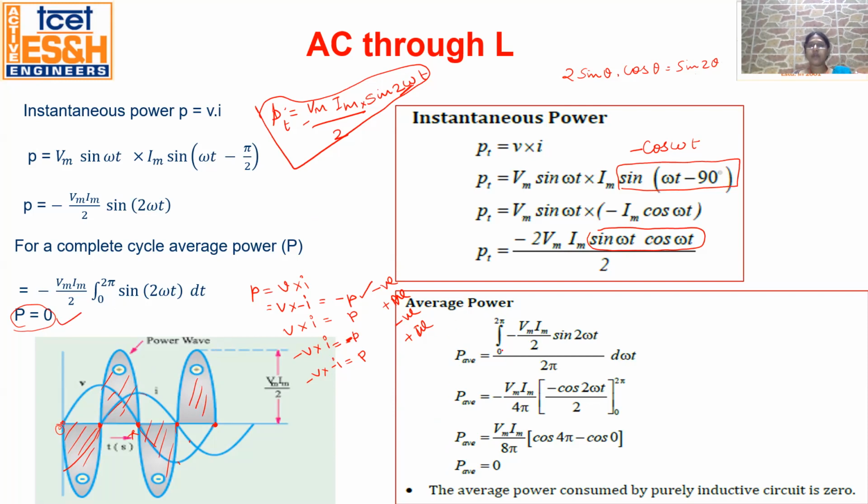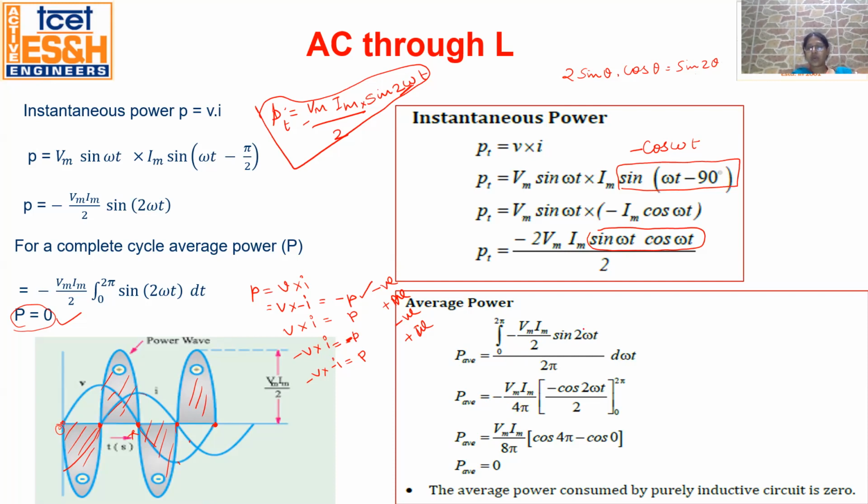You have the formula: integral from 0 to 2 pi of Vm Im sine 2 omega t divided by 2, which is the area of the power, divided by 2 pi.